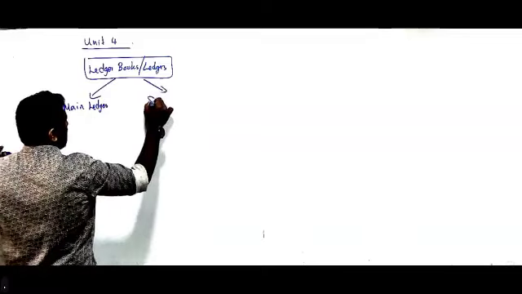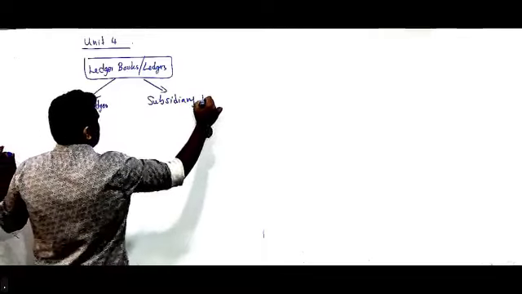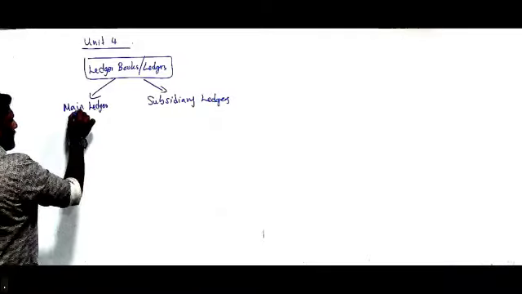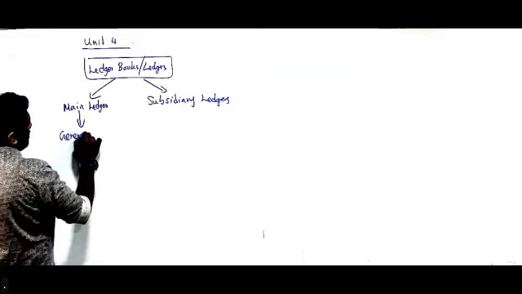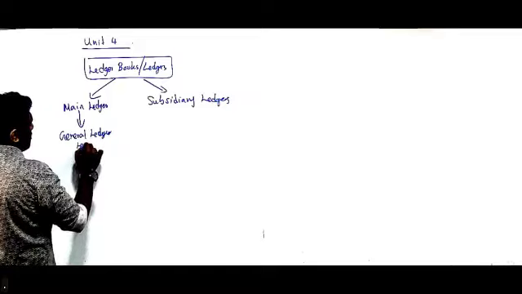There are two types. One is the main ledger. The other one is the subsidiary ledger. What is the main ledger, people? General ledger book, the GL book.